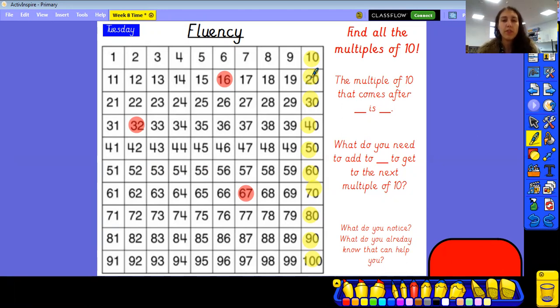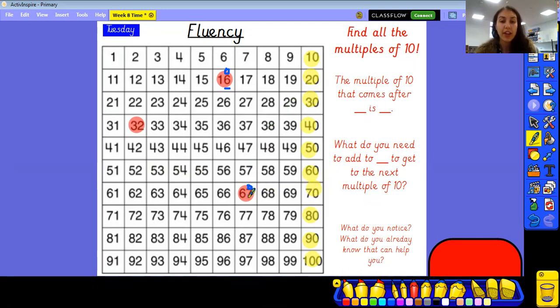Well, hopefully some of you will have noticed that number 16 has got 6 ones. And I know that 6 add 4 make a whole 10. So if I'm going to get to my next whole 10, then I'm using my number bonds to 10 here, 6 and 4 more to complete this 10. Hopefully you noticed that 67 has 7 ones, and to get to my next multiple of 10, I needed to add 3.